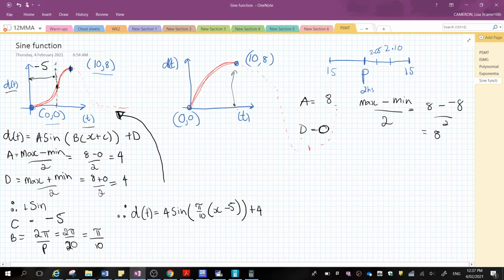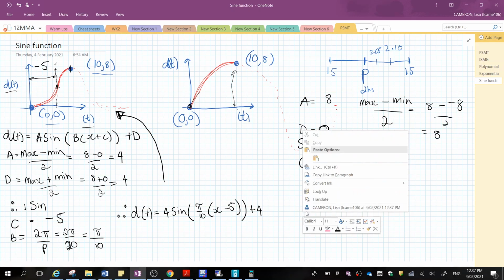Our function in this case is going to still be a positive sine function because we've started in the middle and we're going up. There is no phase shift. And our b value is now going to be 4 lots of the 10 because it takes 1, 2, 3, 4. So it's going to be 2 pi over 4 times 10, or 40, which will cancel out to be pi over 20.